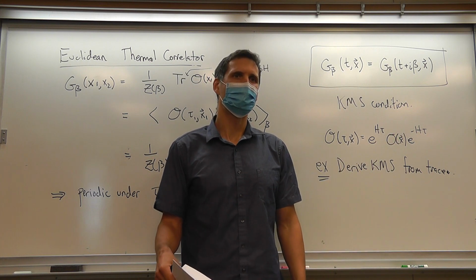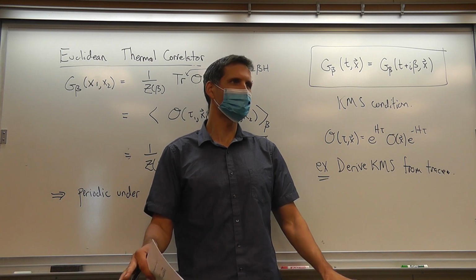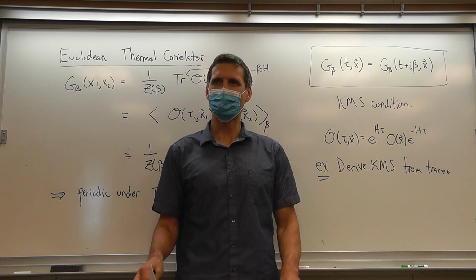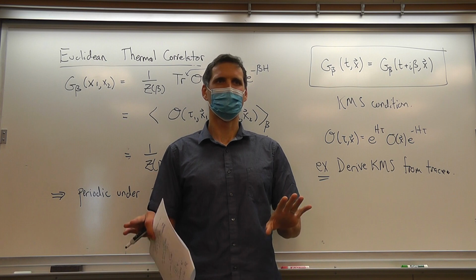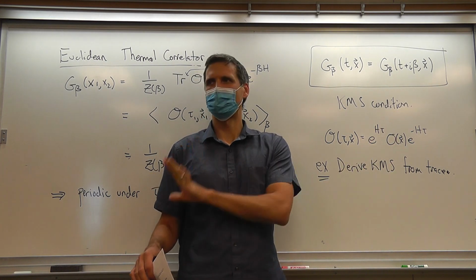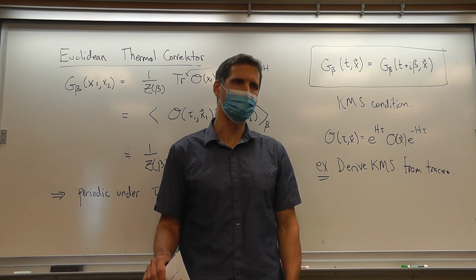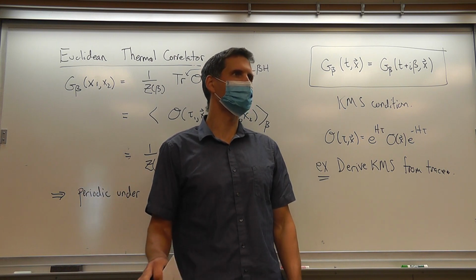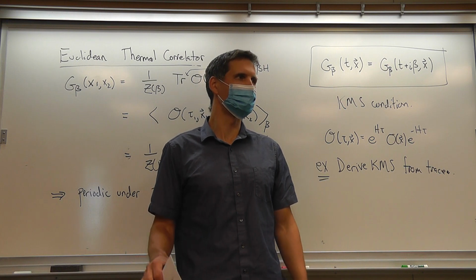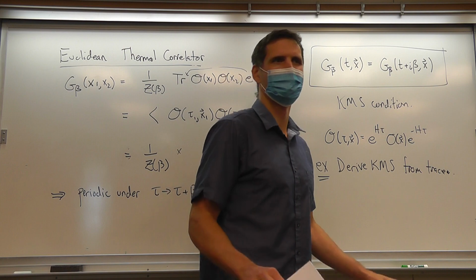And the rough statement, with caveats, is that these two things completely agree with each other. So the axioms that I'm writing in Euclidean are equivalent to the axioms that you would write if you were starting in Lorentzian. There are caveats to that statement. There are assumptions that go into the proof, and people still worry about these things, but we're just going to leave it at that, I think.